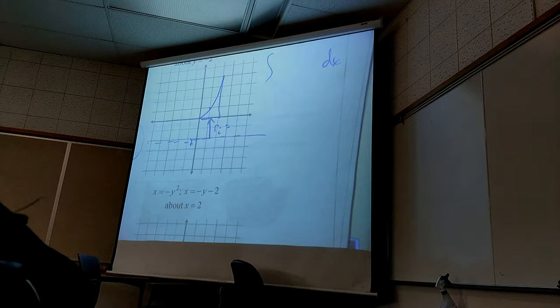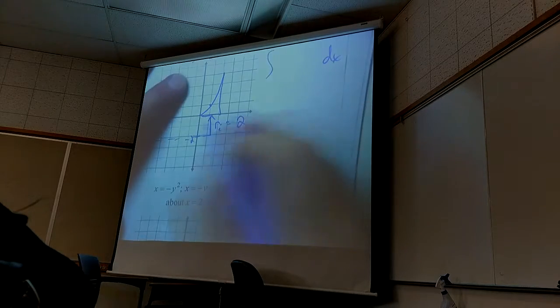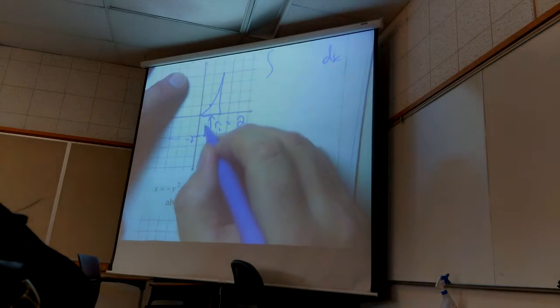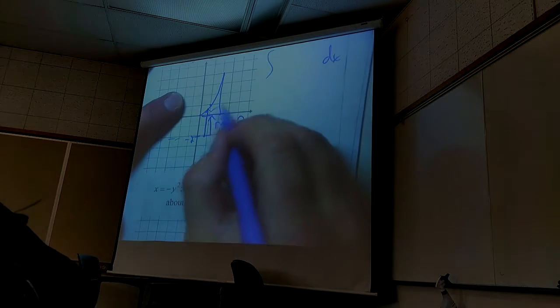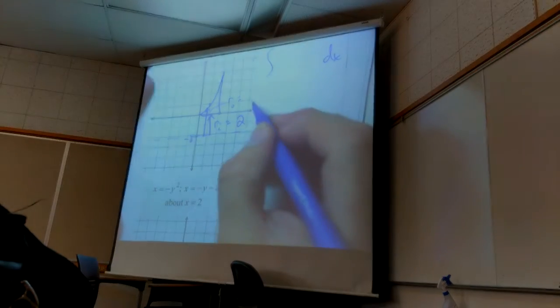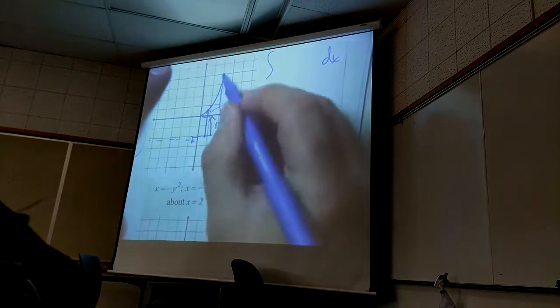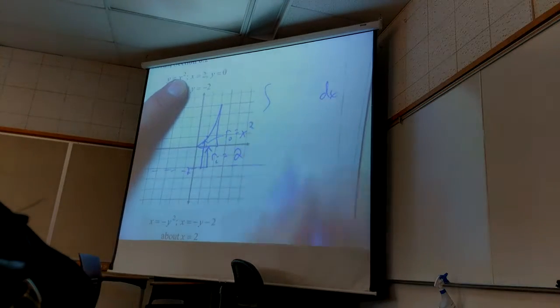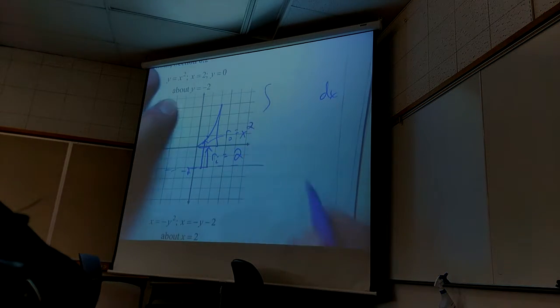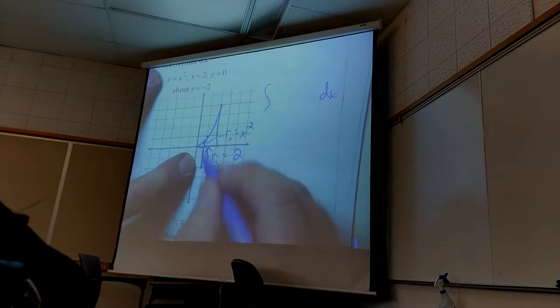So this inner radius goes up to the region. That is 2. Radius can't be negative. What's the outer radius? The outer radius would be from the axis to the edge of the region I'm working with. What's that outer radius? This is going to be x squared here, right? That's x squared. Plus 2.